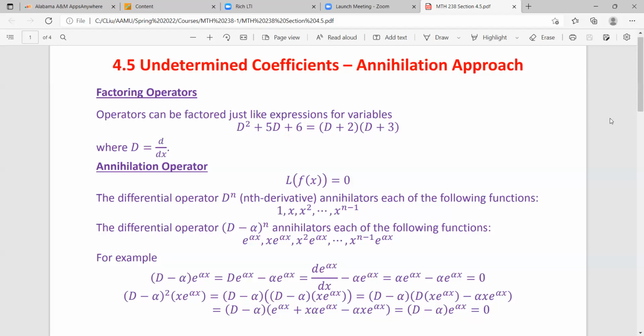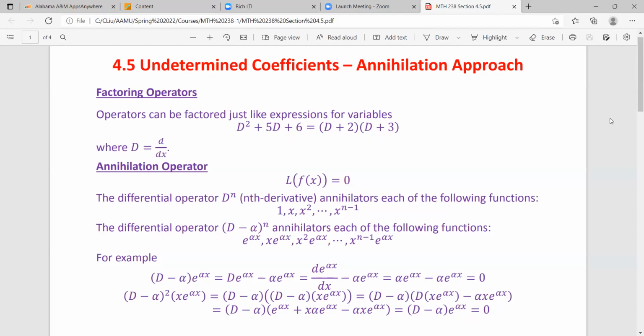But it turns out that you can actually factor it as D plus 2 times D plus 3, just like polynomials or trinomials. Although D squared is not actually a square, it means the second derivative, you can still factor it as D plus 2 times D plus 3.